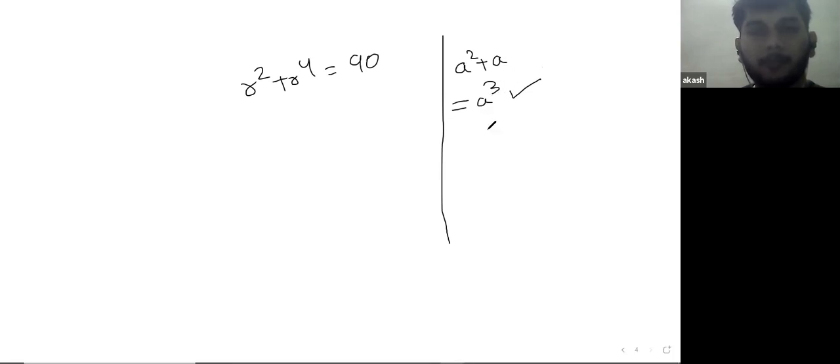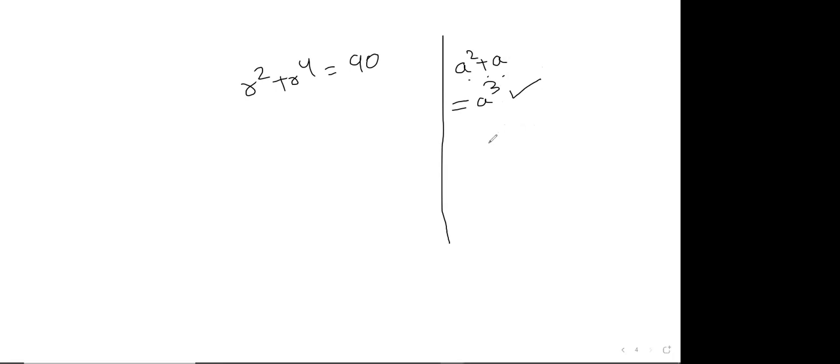Is this correct? a square plus a equals a cube. You all are free to answer. Is this correct or not? No, sir, it's not correct.